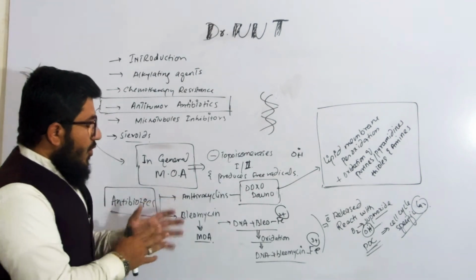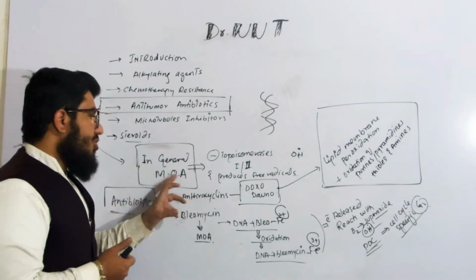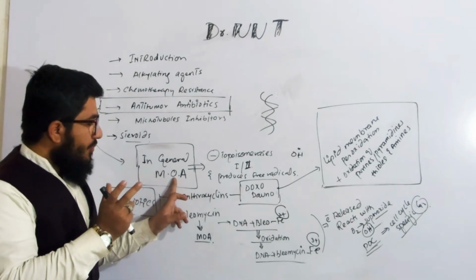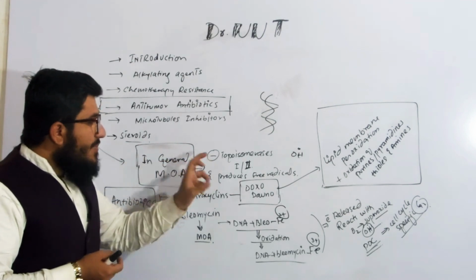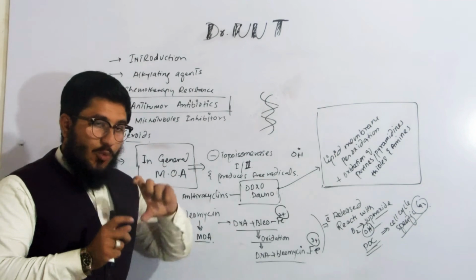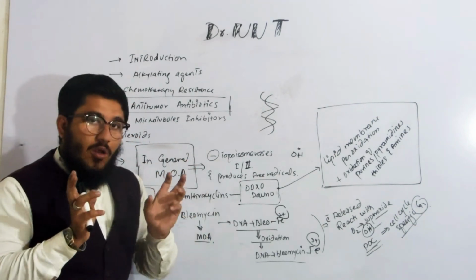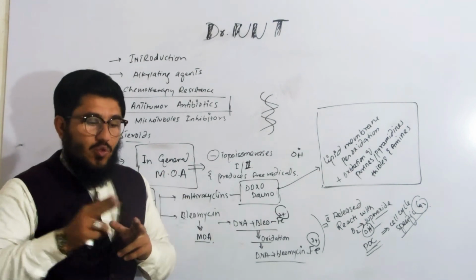Okay, before we go to these, let us understand the general mechanism of action of antibiotics. First of all, they inhibit the topoisomerases, topoisomerase 1 and topoisomerase 2. These two are involved in the replication process when DNA is going to divide into two.